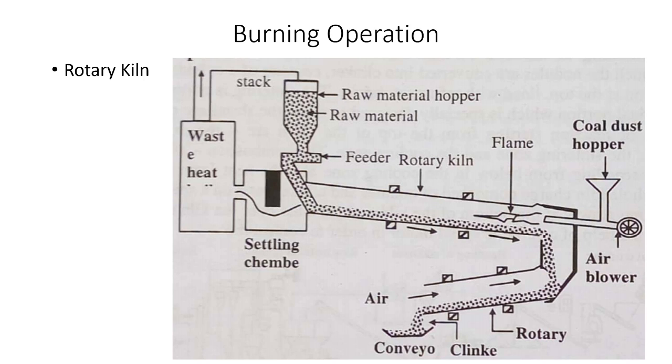If it is a wet process, the length of this cylinder becomes 90 to 170 meters, whereas if it is a dry process, then 50-meter length is sufficient. And one more thing you can see, it is kept at a slightly inclined position. It is not horizontal or vertical.